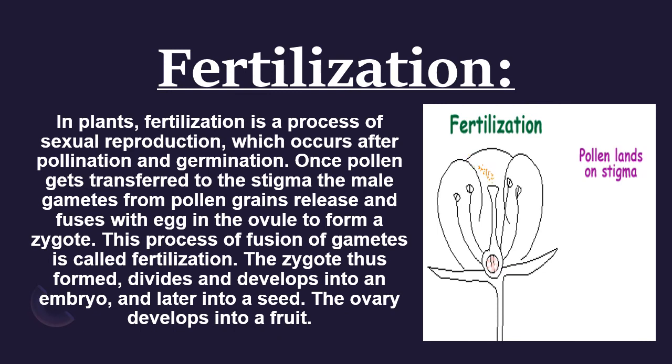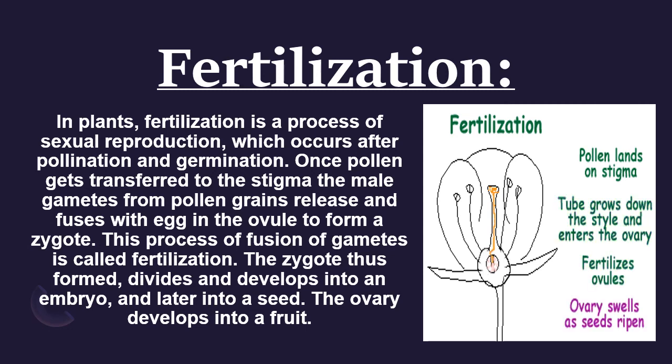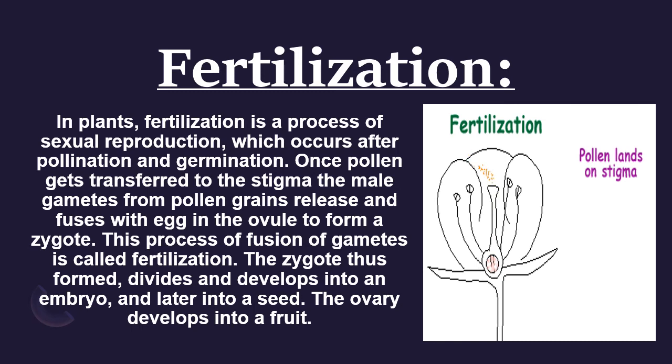Fertilization. In plants, fertilization is a process of sexual reproduction which occurs after pollination and germination. Once pollen gets transferred to the stigma, the male gametes from pollen grains are released and fuse with the egg in the ovule to form a zygote. This process of fusion of gametes is called fertilization.